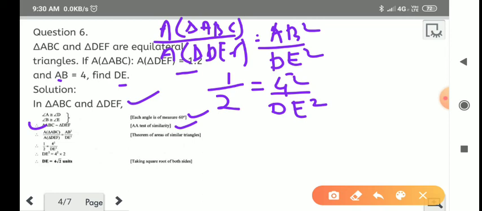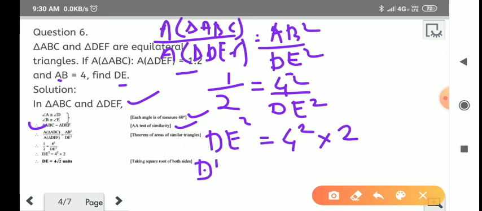Now cross multiply: DE square into 1 becomes DE square and is equal to 4 square into 2. Then take the square root of both sides. So the square root of DE square becomes DE, and it is equal to 4 root 2.